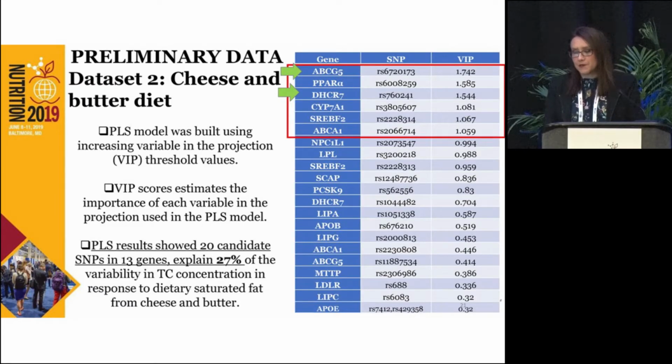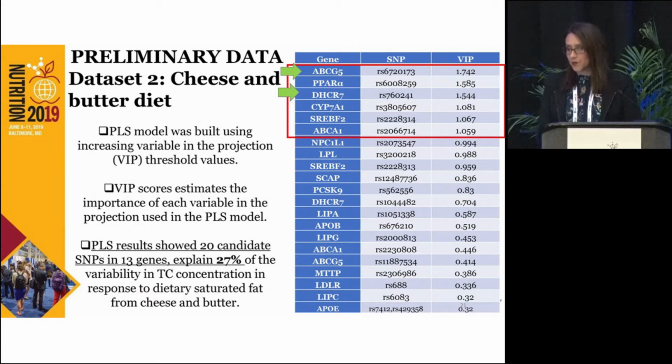So here's the preliminary data with our second data set. One more time, 20 different candidate SNPs explain 27% of the variation in total cholesterol in response to dietary saturated fat coming from cheese and butter.